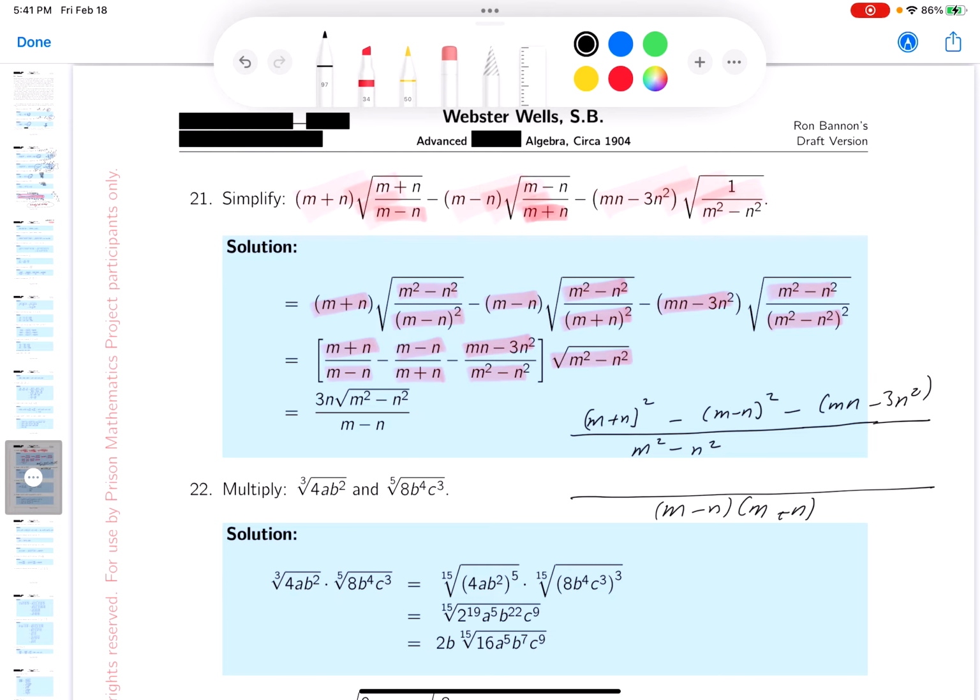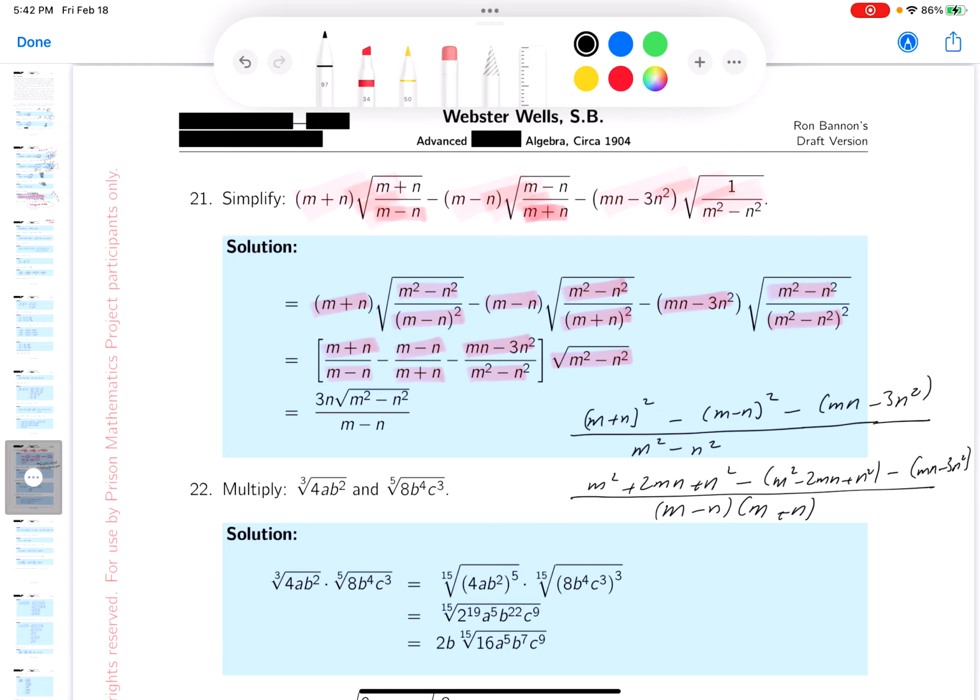What do you get in the numerator? m squared plus 2mn plus n squared minus, I'll keep it in parentheses, m squared minus 2mn plus n squared. And then you're going to get minus mn minus 3n squared.